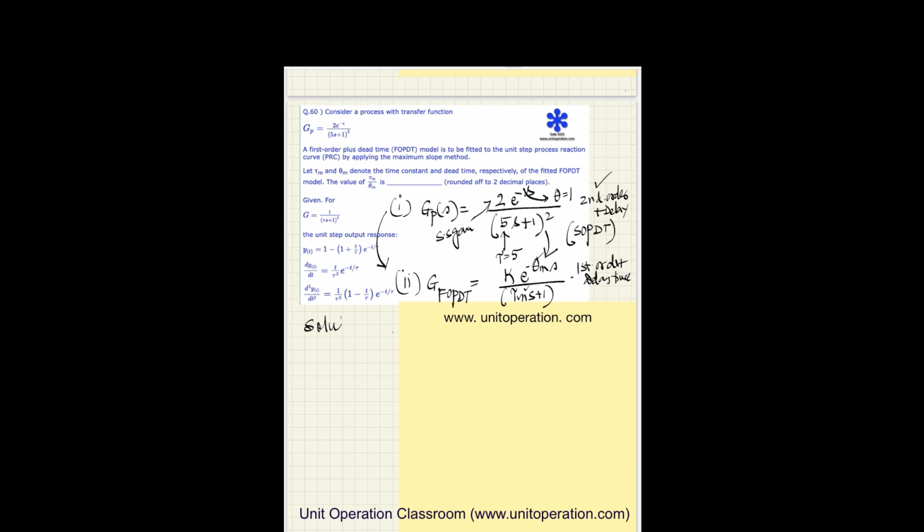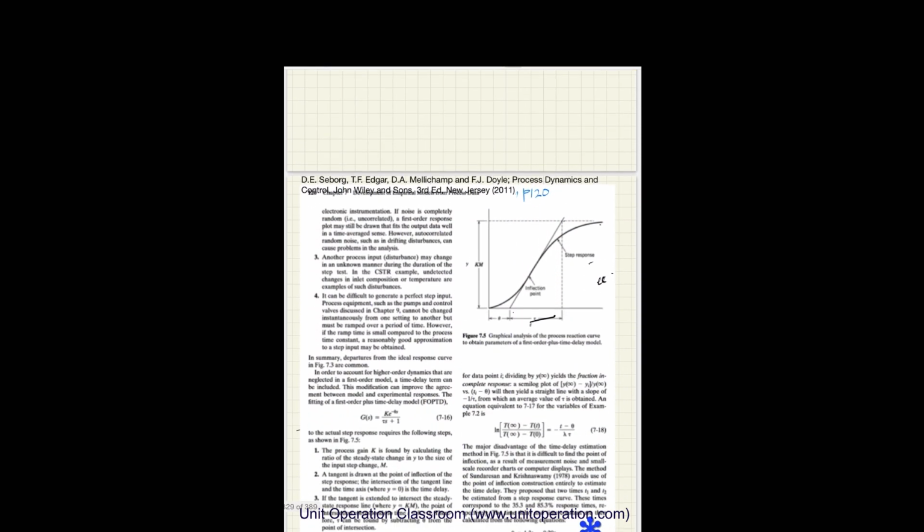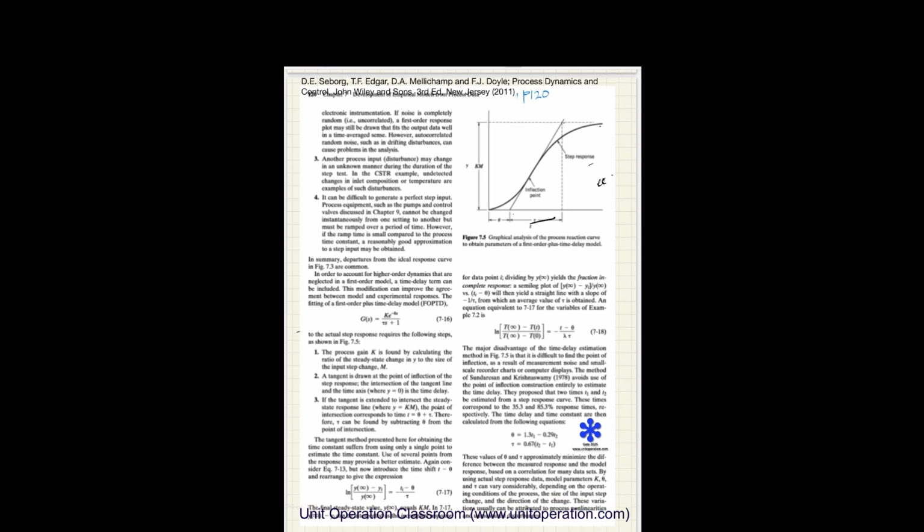Before that, let's quickly go to the screen and discuss the theory a little bit. So let's say this is my SOPDT model, PRC, or process reaction curve. Okay, and the FOPDT model is this one, and we have written it slightly differently here.